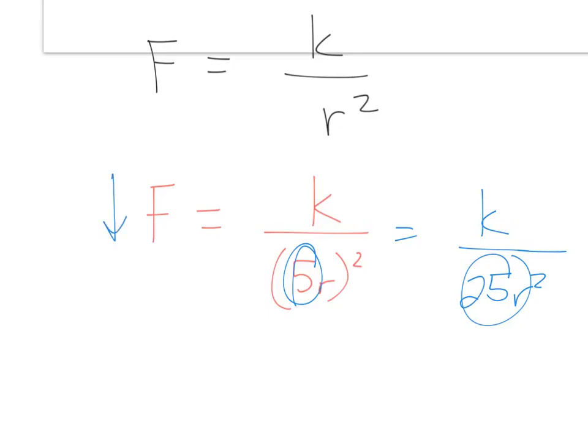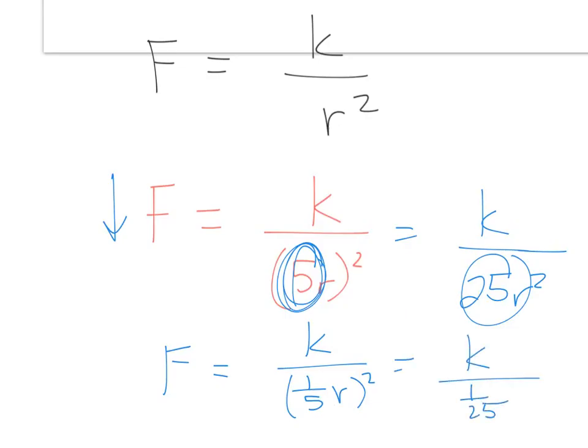In the example I gave a moment ago, what did we do? We didn't increase the distance, we decreased it. So we did something like this. Oops, not K, but R. Like that, that's what we were just talking about. We took the distance and cut it in fifths, or into a fifth. So as a result, this would become K over 1/25 R squared. What happens when you divide by a fraction, really?